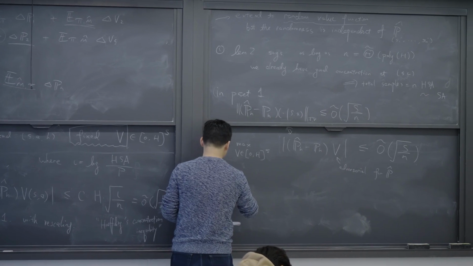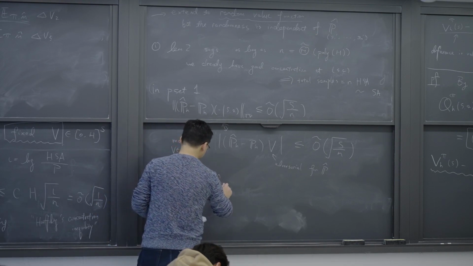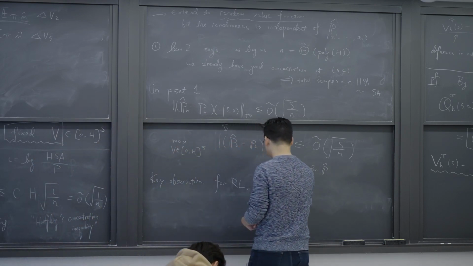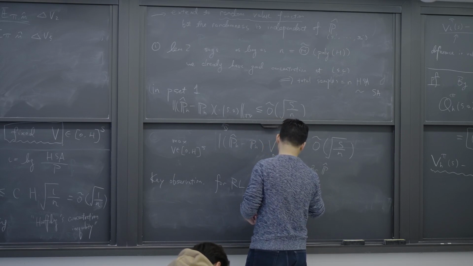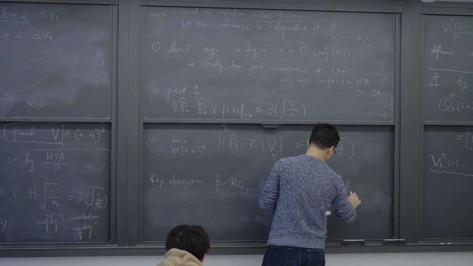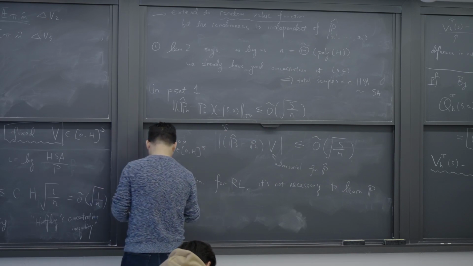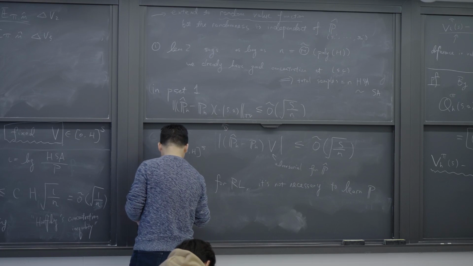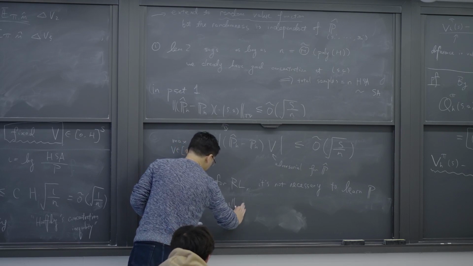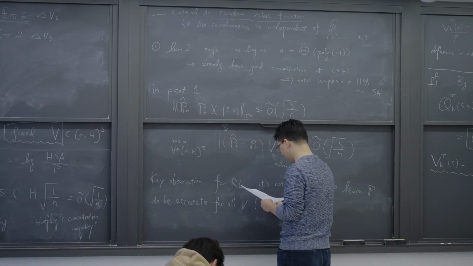So the key observation here is that for reinforcement learning, if our task is just to learn some epsilon optimal policy, it is not necessary to learn P to be accurate enough for all V, i.e., in TV distance or something.